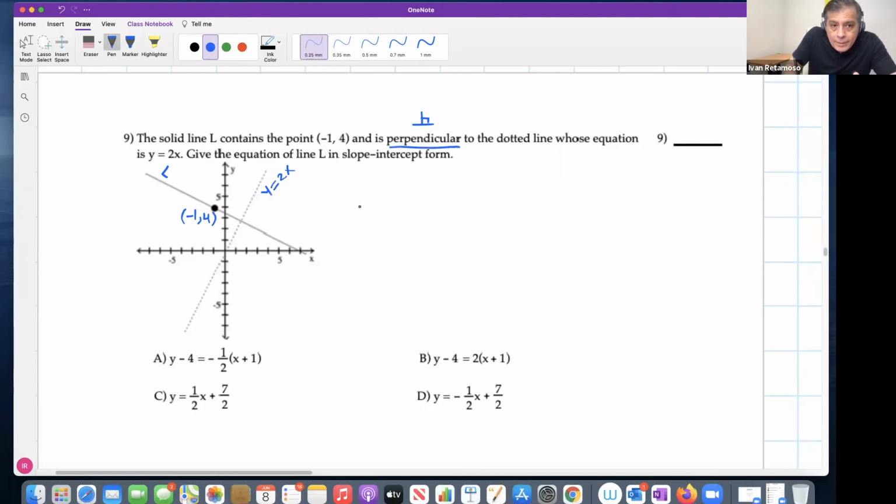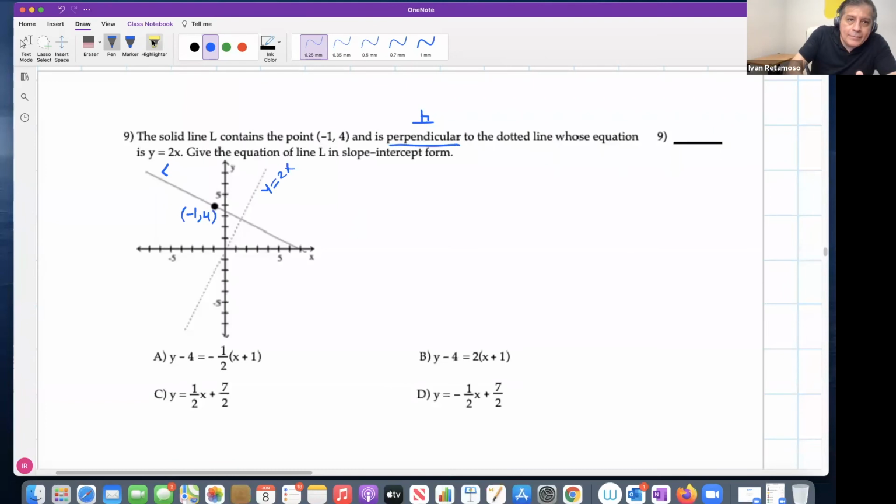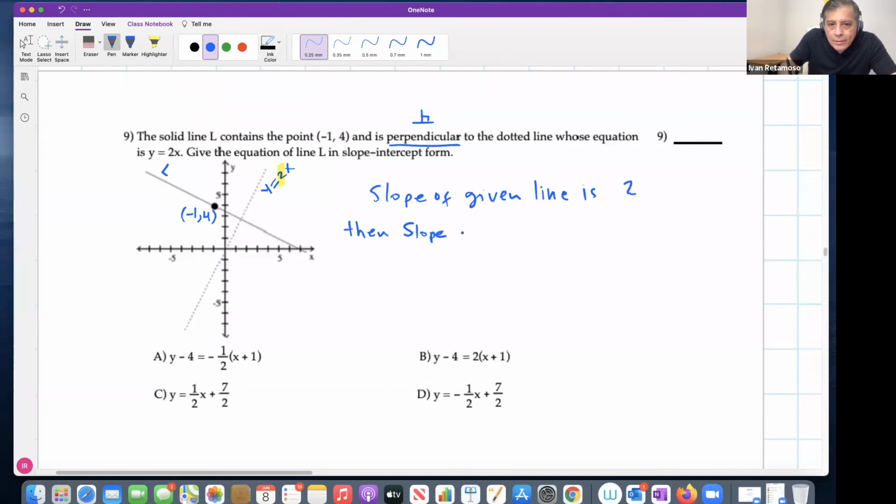So we start by figuring out the slope of this dotted line, which is 2. So the slope of the given line is 2. Then the slope of the solid line, the perpendicular line, should be what?